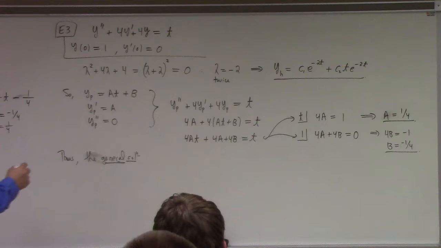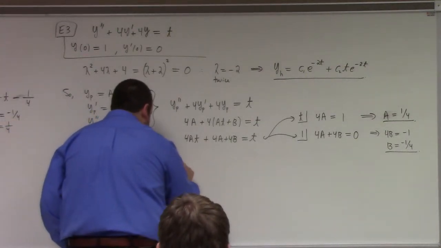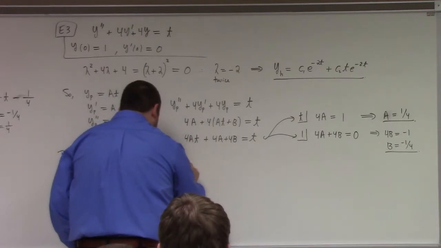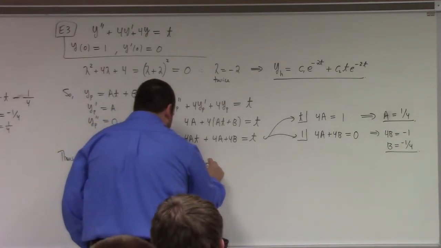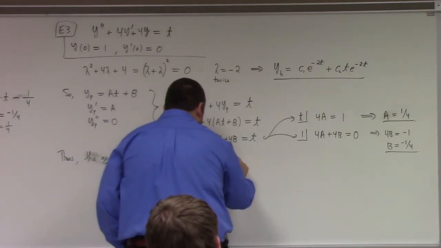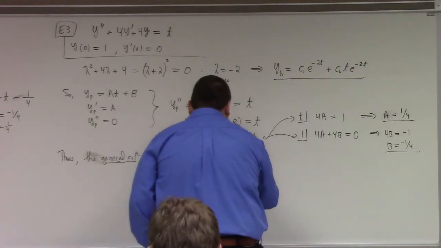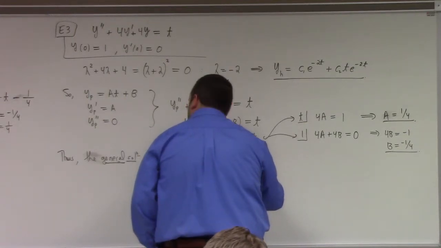There. So the general solution is y equals C1 e to the minus 2t. So all I'm trying to tell you guys is that we must fit initial data to the general solution. We do not fit initial data to the particular solution or to the homogeneous solution by their lonesome.